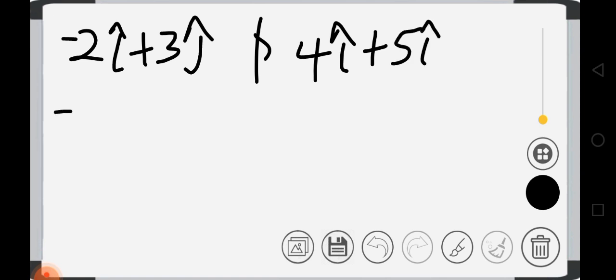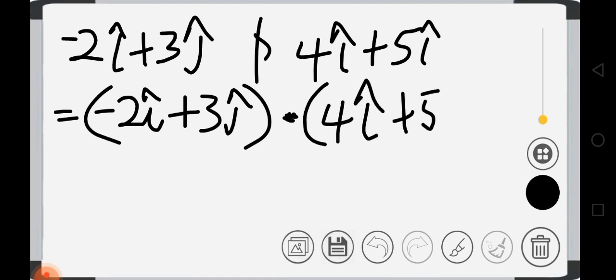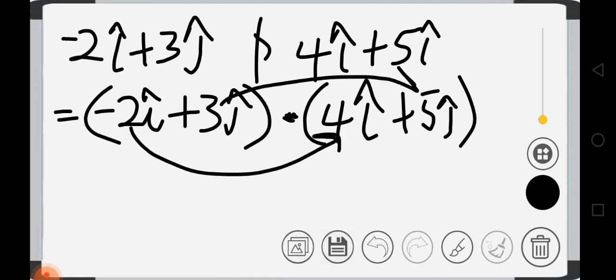So they are telling us what is the scalar product, means what is 2i plus 3j dot 4i plus 5j.